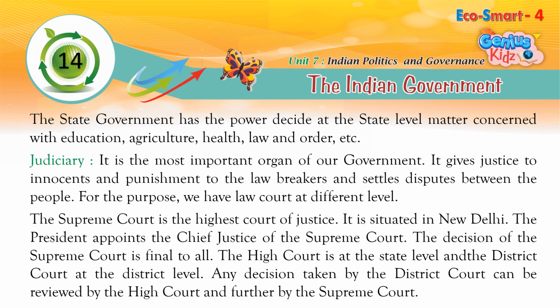It is situated in New Delhi. The President appoints the Chief Justice of the Supreme Court. The decision of the Supreme Court is final to all. The High Court is at the state level and the District Court at the district level. Any decision taken by the District Court can be reviewed by the High Court and further by the Supreme Court.